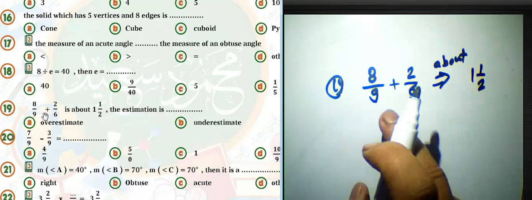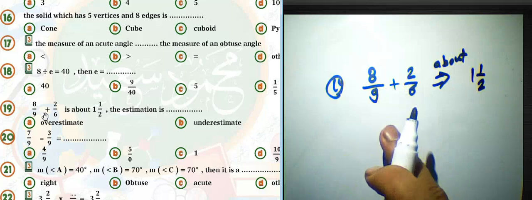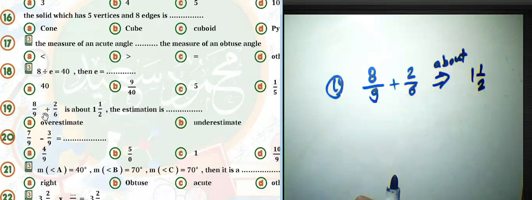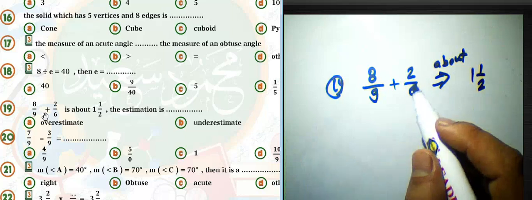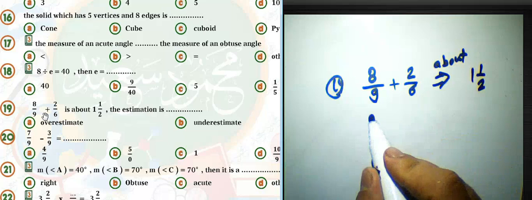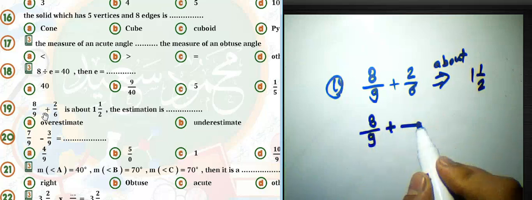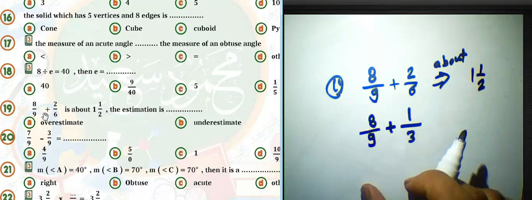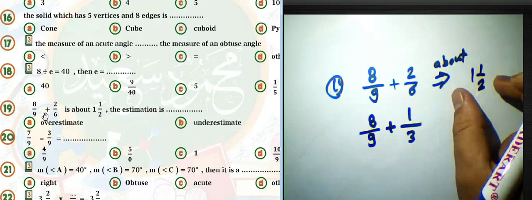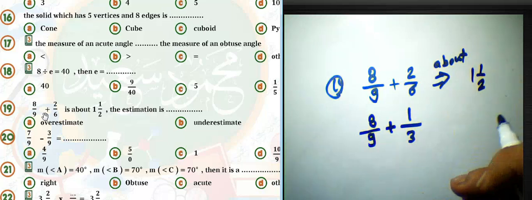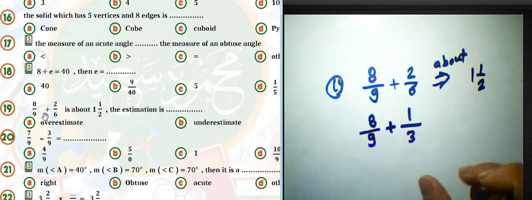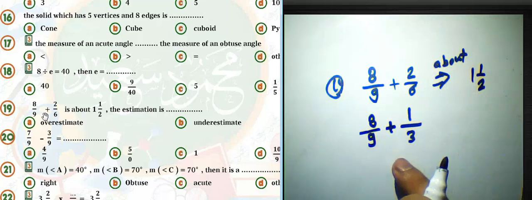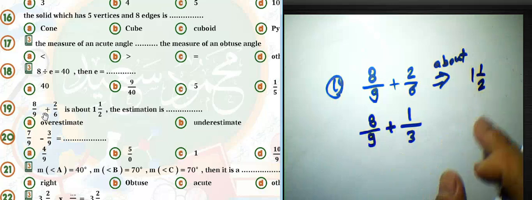We can find the actual number and compare it with the estimation. You can write 2 over 6 in the simplest form, dividing 2 by 2 equals 1 and 6 by 2 equals 3. If the estimation is greater than the actual number, it will be an overestimate. But if the estimation is less than the actual number, it will be an underestimate.